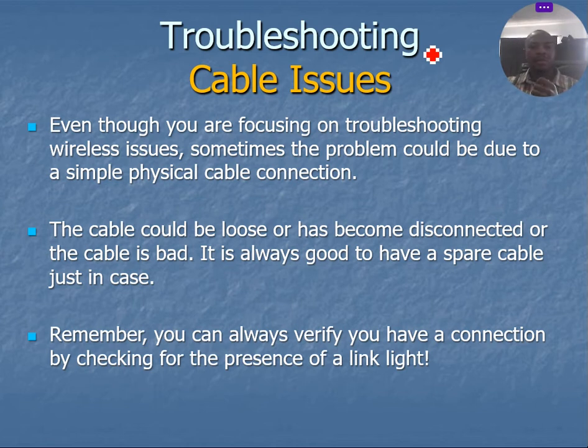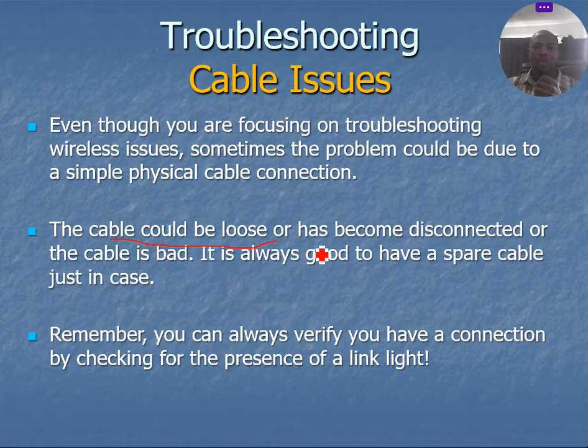In as much as a wireless network is good and requires little cabling, there is still a need to check the cable in case the signal is weak or not doing well. The cable could be loose or disconnected, or the cable itself could be bad. So it's always good to have a spare cable in case any of this happens.